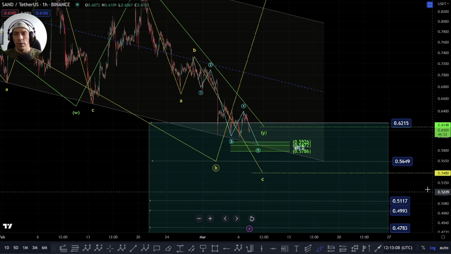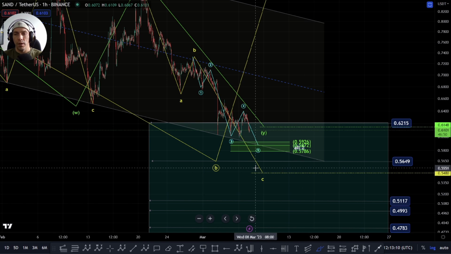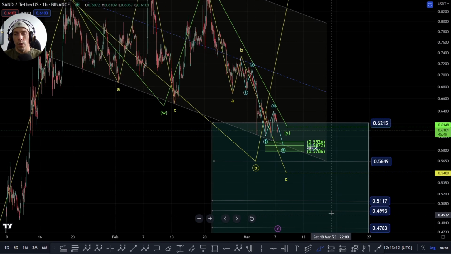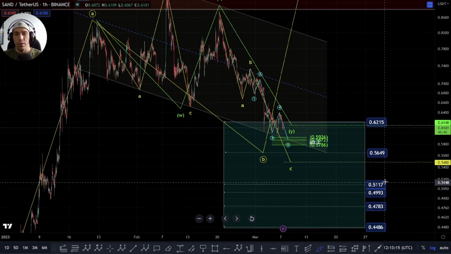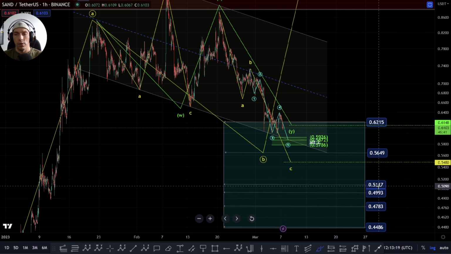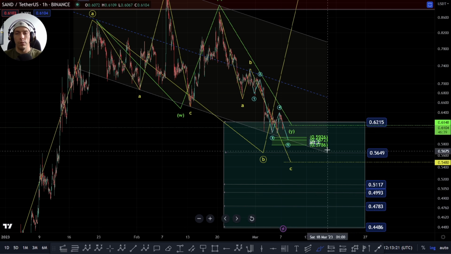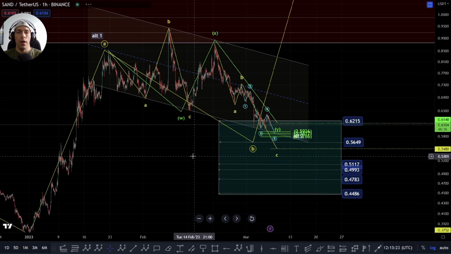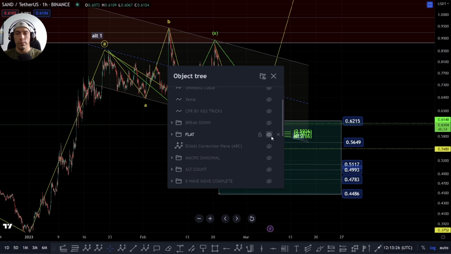If we do look to break down deeper, then that 50% comes into play. That 54.80, and if it continues down, then we'll be looking potentially towards this golden pocket area here of the 618, which is this 51.17 to this 49.93. So that's what we've been looking for that potential within that.